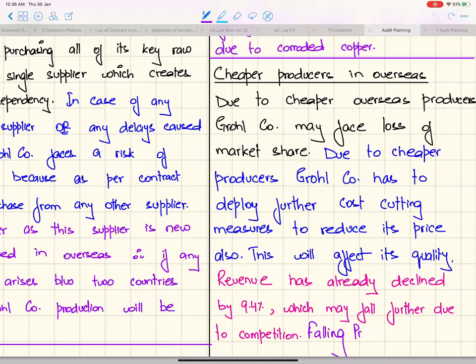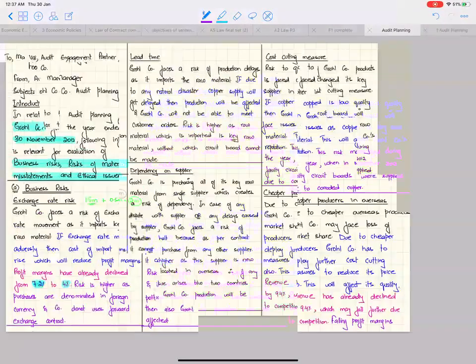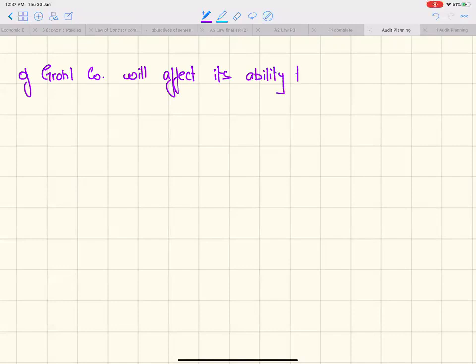Falling profit margins of Grohl company will affect its ability to reduce further prices. I hope you have got the point.